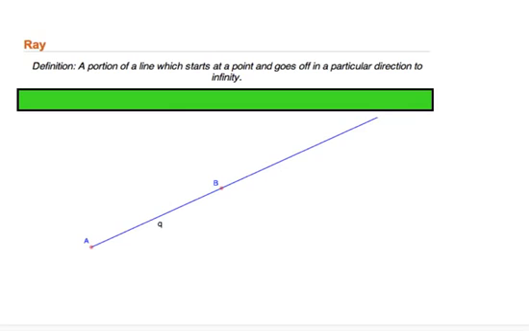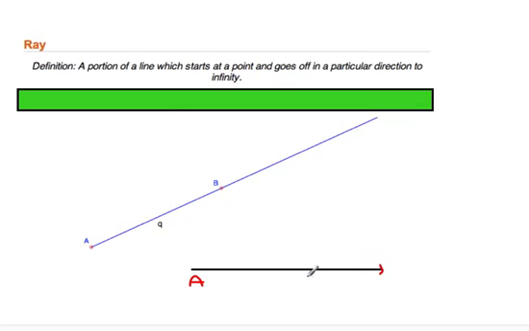So if I wanted to draw my own, here I have a line segment, and I'm going to indicate that it's going to go on and on by using a small little arrow. Now I have a ray that starts at A and continues on.